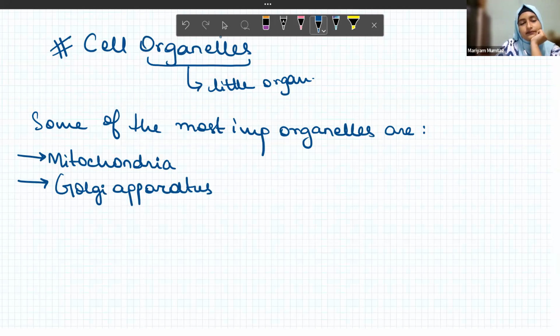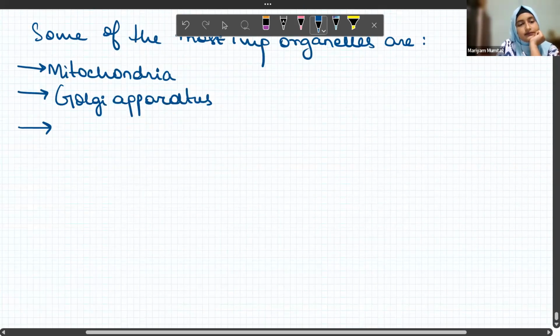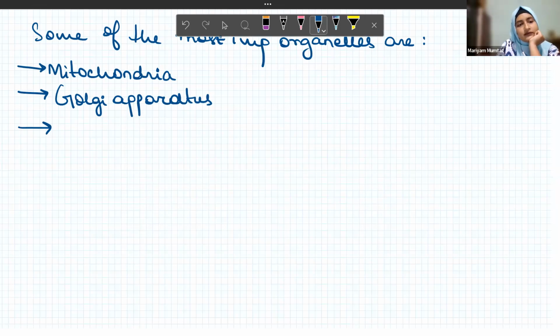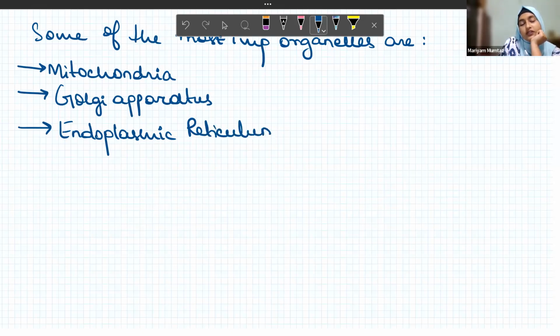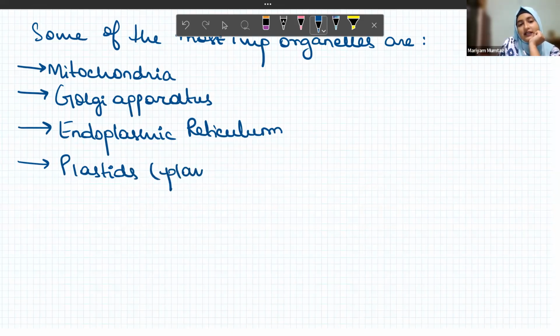Then we have endoplasmic reticulum, which holds a very prime importance in the cell. Then there are plastids, which are present only in plants, not in animal cells.